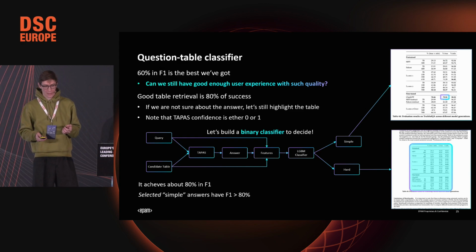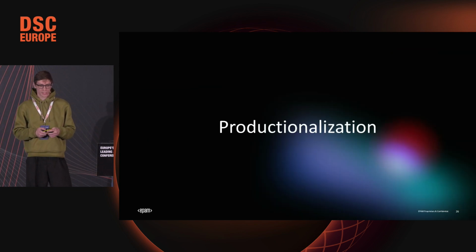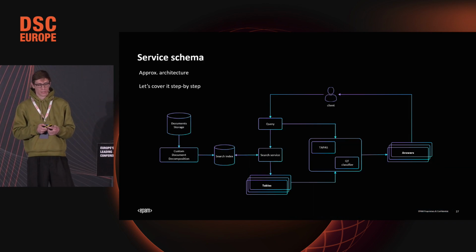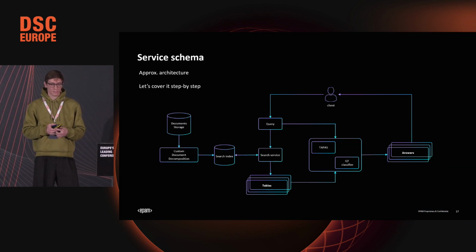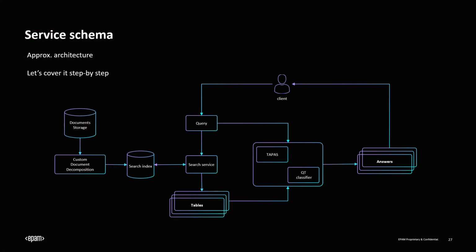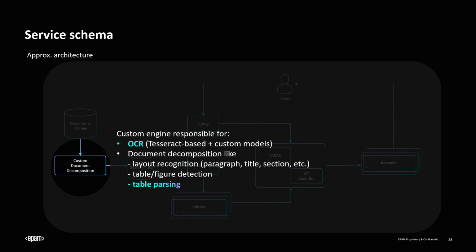So finally, I will cover some aspects of productionalization. Here is our pipeline, and I will go over some key components of that pipeline step by step. In the beginning of the talk, I said that we are assuming that we can extract tables, retrieve them, and decompose them.